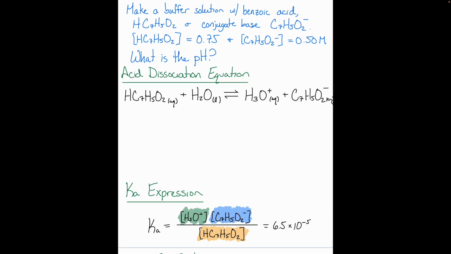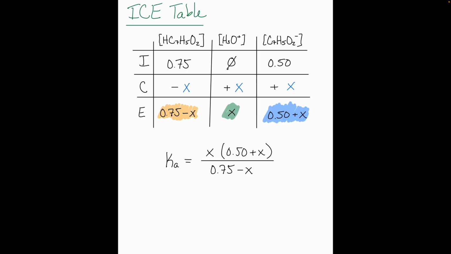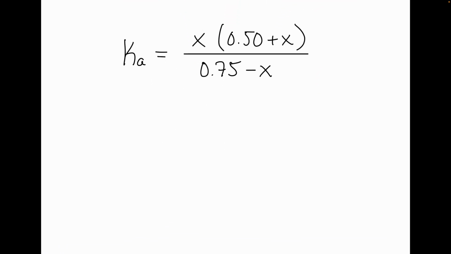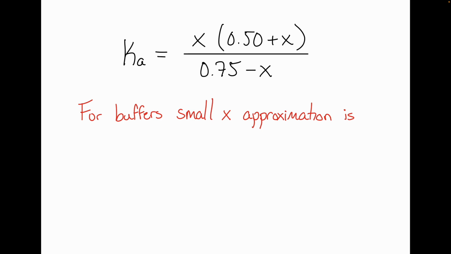So that's going to shift the equilibrium even more in favor of that reactant. So we got some good news here. All right, so for buffers, that small x approximation is always valid.